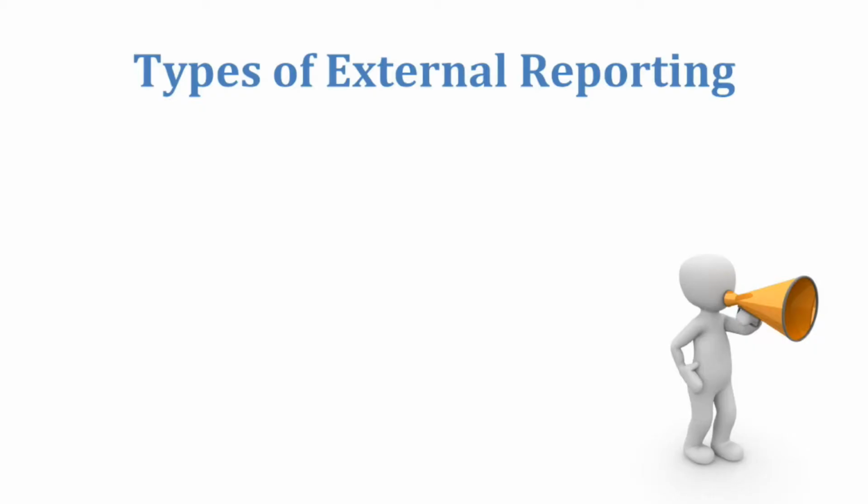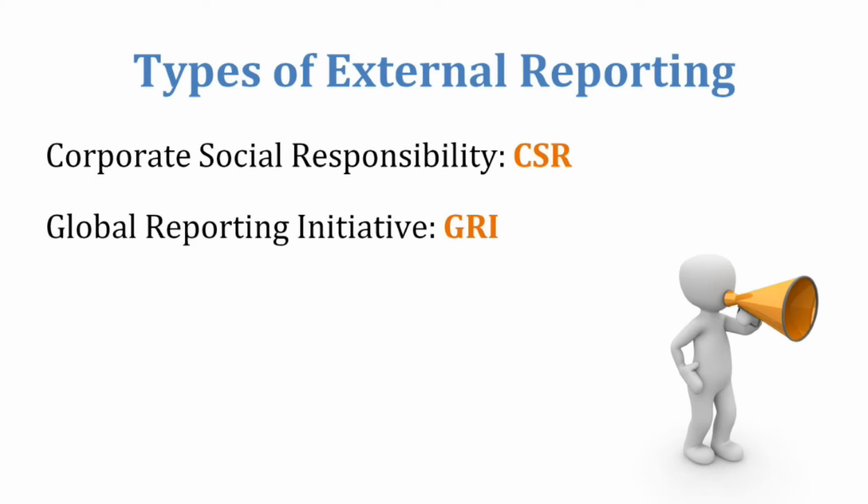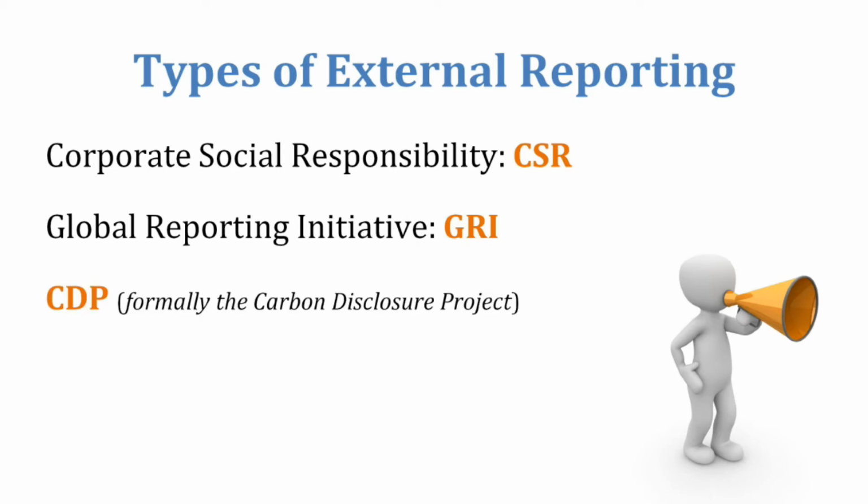The four most common types of external reporting, if you're an organization, are corporate social responsibility or CSR reporting. Traditionally, that's done through the Global Reporting Initiative or the GRI. You have external reporting through the CDP, which used to stand for the Carbon Disclosure Project.